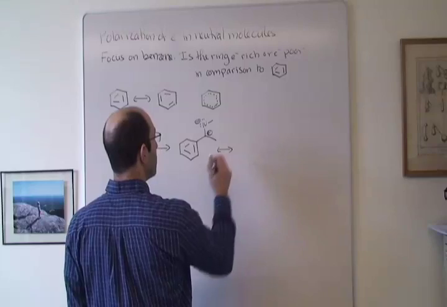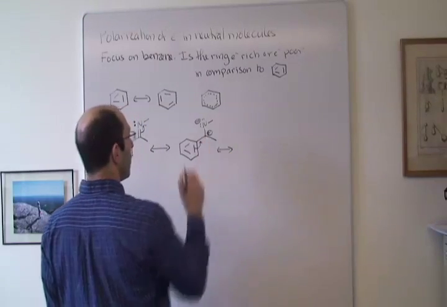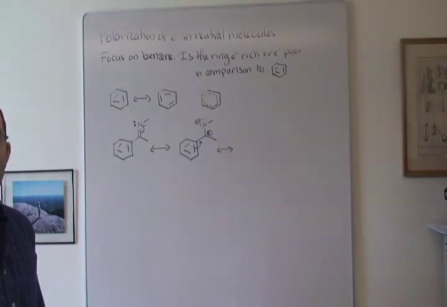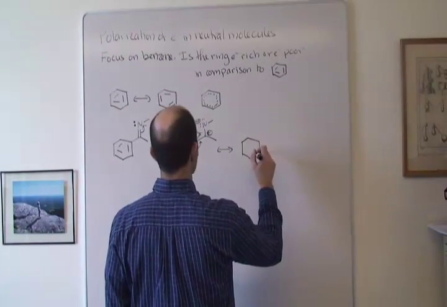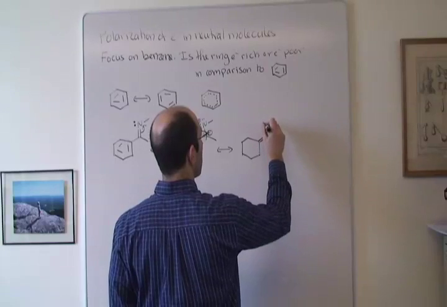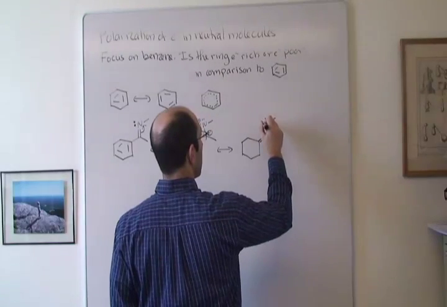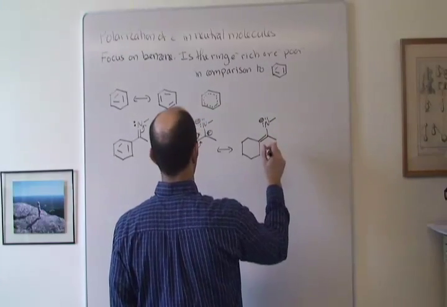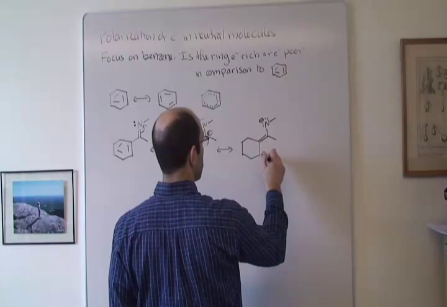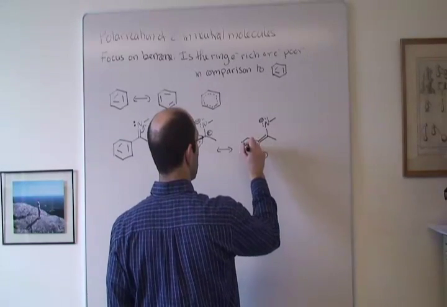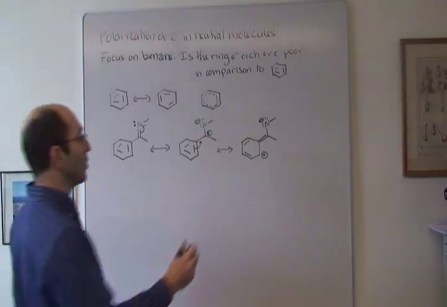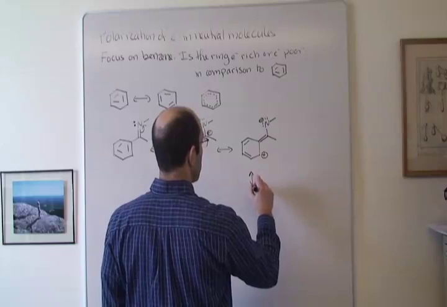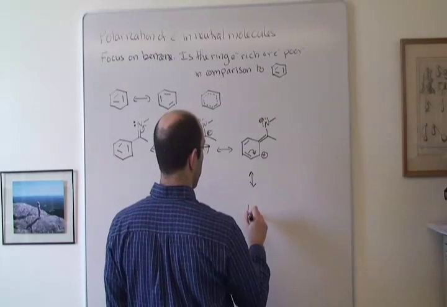So now we can do some resonance delocalization. And again, let's focus on that cation. The carbocation is very unstable, and let's focus on delocalizing that charge. So that now brings the positive charge into the ring, and we can delocalize that charge around the ring.